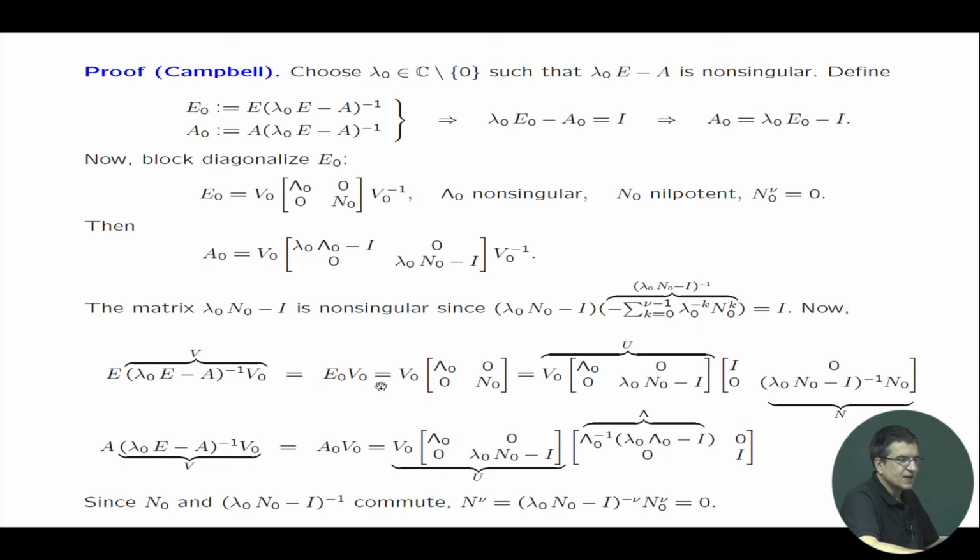And then you get this equation here: E0 times V0 equals V0 times our block diagonal matrix. And now you need a bit of fantasy. So here we have n0. Now introduce here this factor and take here the inverse of this factor. And this will be our n in the canonical form.